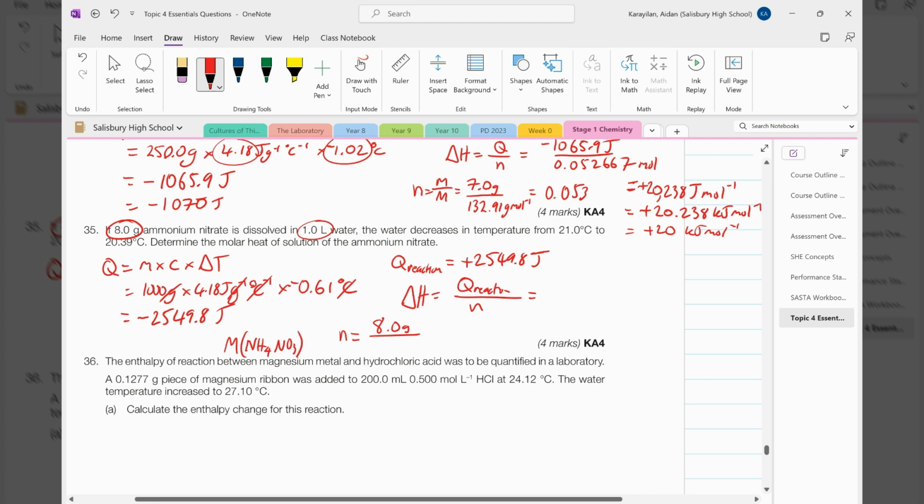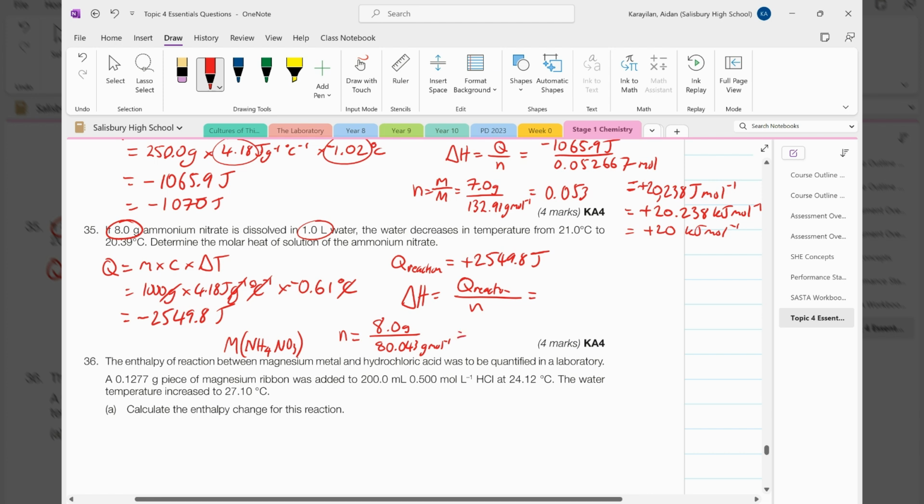The molar mass of ammonium nitrate is 80.043 grams per mole. I looked it up, but you need to be able to work it out from this formula. You're not expected to know what ammonium nitrate is, but this is a textbook question, which means you're allowed to look things up.